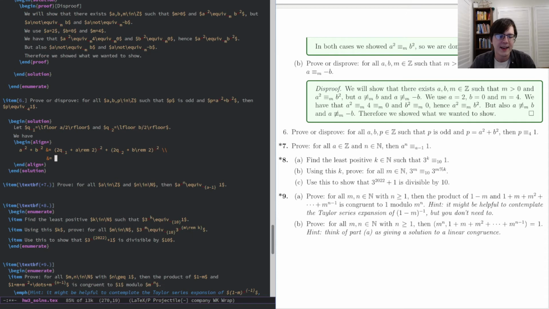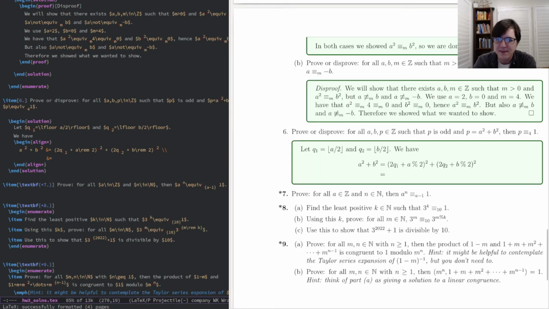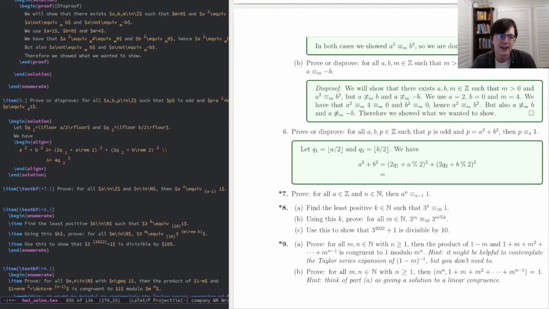Okay, so we got that. So we've got those remainders, and let's just square it. So we got 4q1 squared plus 4q1 a remainder 2 plus a remainder 2 squared. That's only 0 or 1, so it actually doesn't matter.